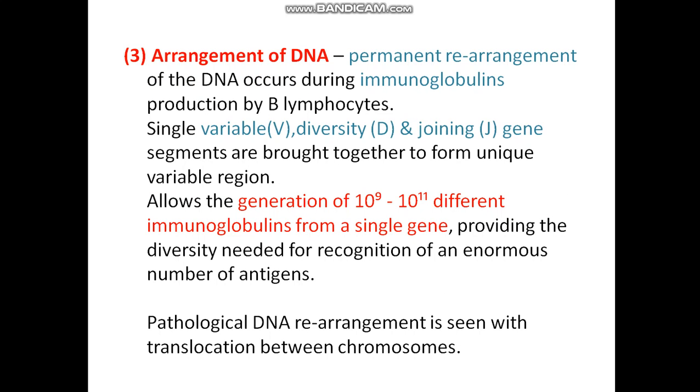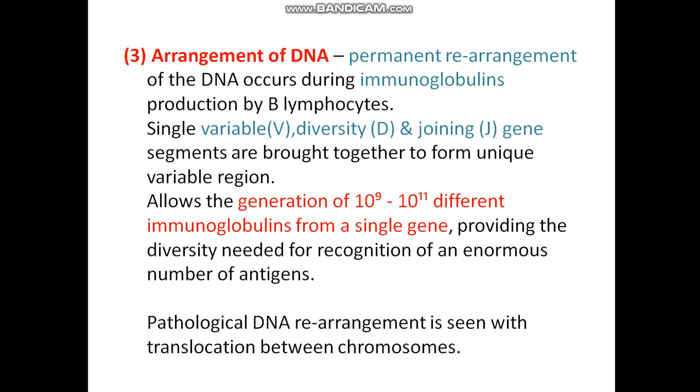Rearrangement of DNA. Permanent rearrangement of DNA takes place during immunoglobulin production by B lymphocytes. Single variable V, diversity D, and joining J genes are brought together to form unique variable regions in immunoglobulins.